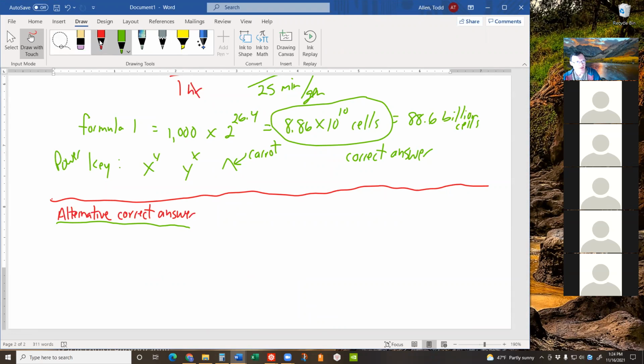Okay, but let's think about it. The number of generations that we've calculated above was 26.4. So here's a question coming in the chat window.